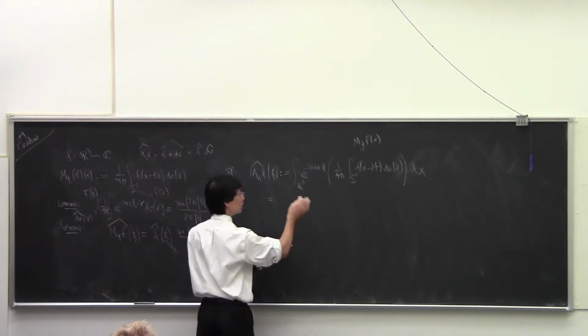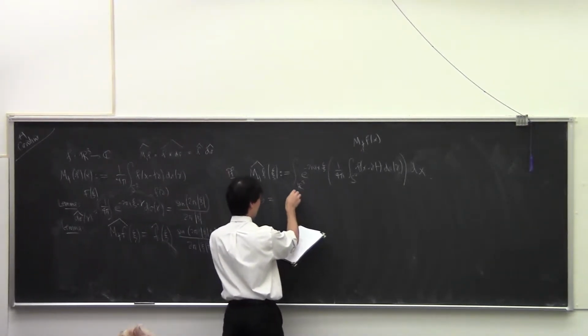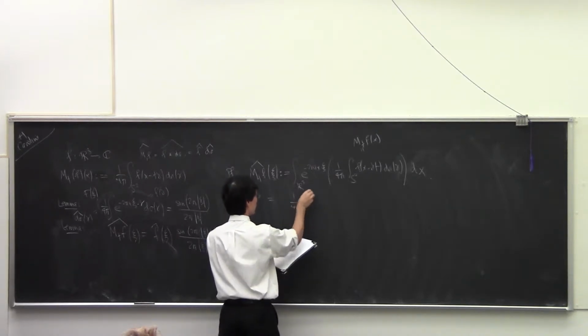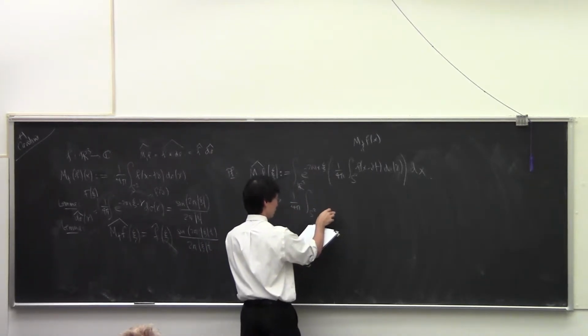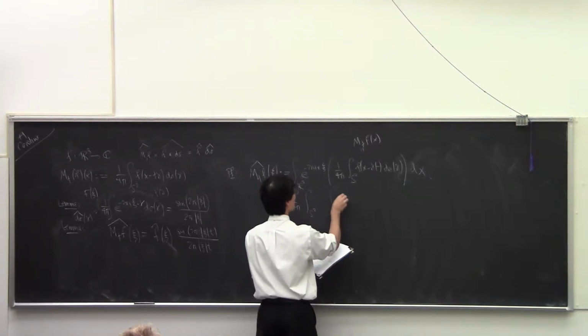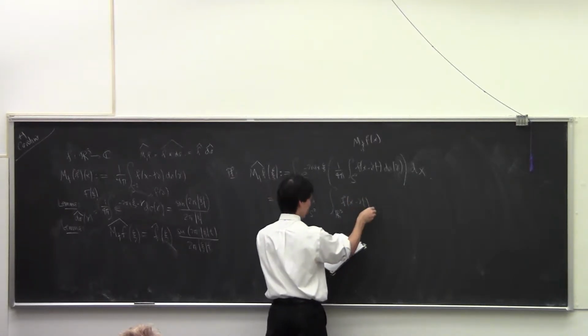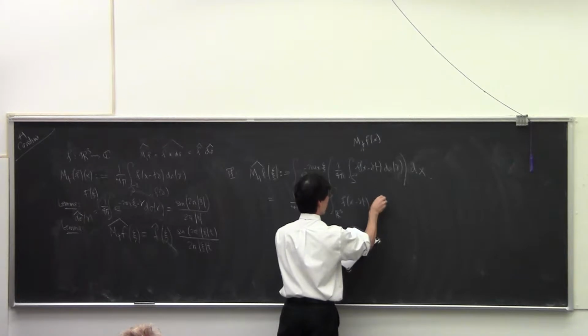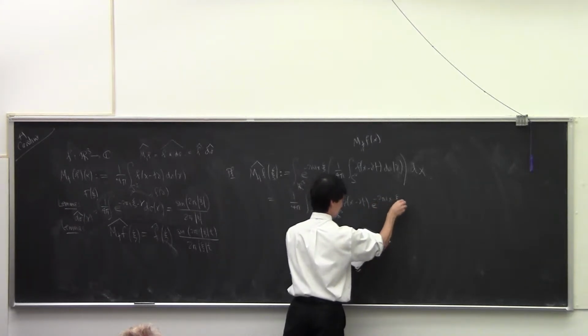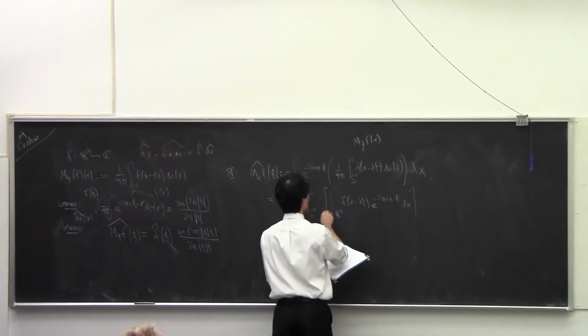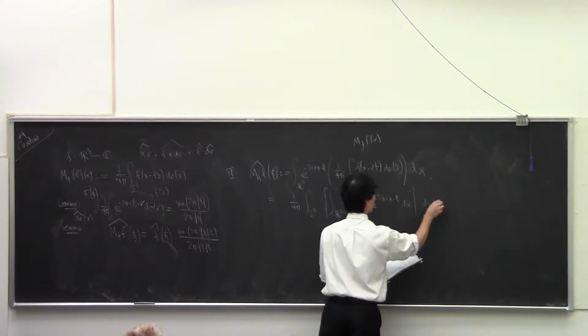We change the order of integration and we get the integral over R cubed of f of x minus gamma t times e to the negative 2 pi i x dot c dx d sigma gamma.